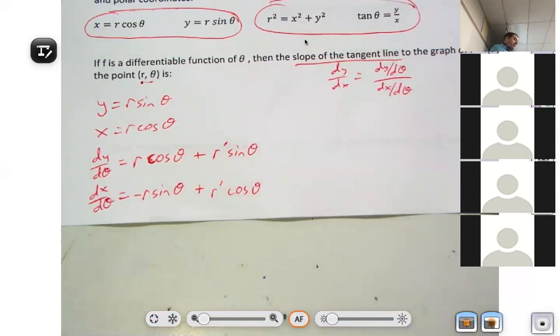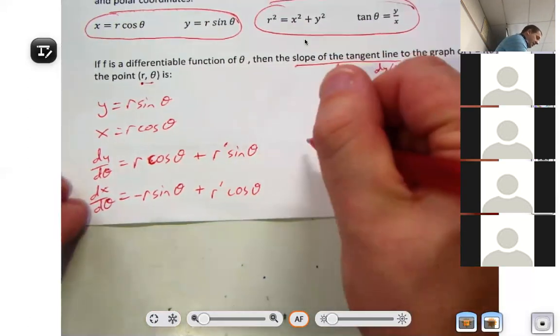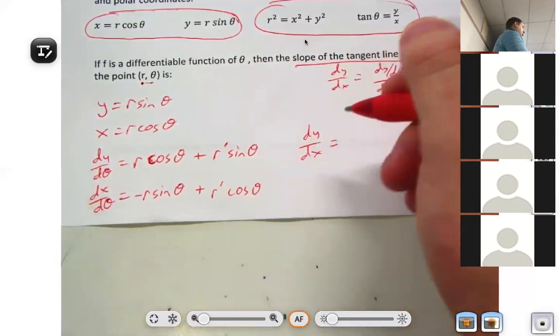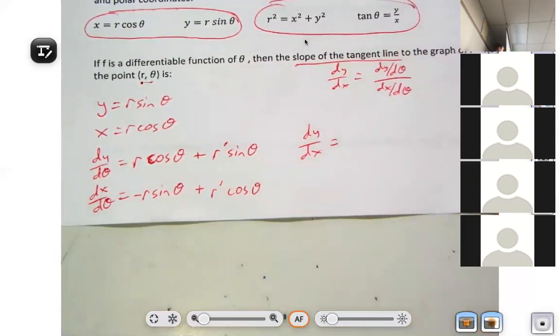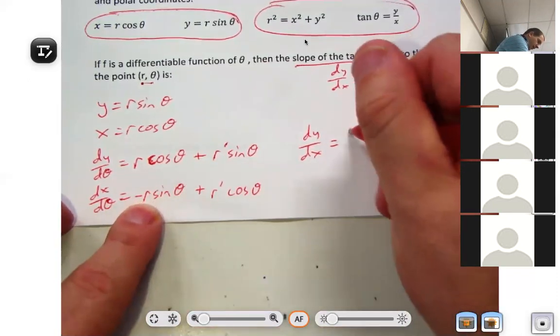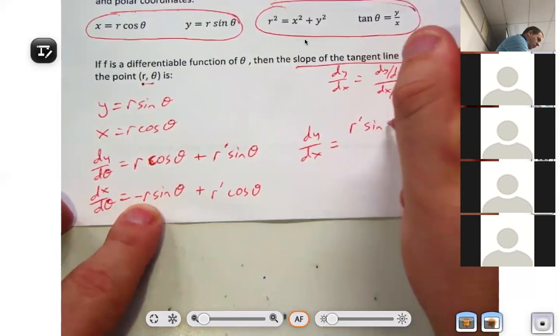Again, this is just me developing the dy dx formula. That means that dy dx is always going to be, now if you have a really good memory and you just want to remember this derivative formula, then you don't have to go through all this stuff. You can just remember the formula, but this is how you'll most likely see it.